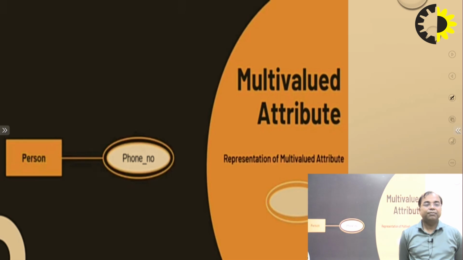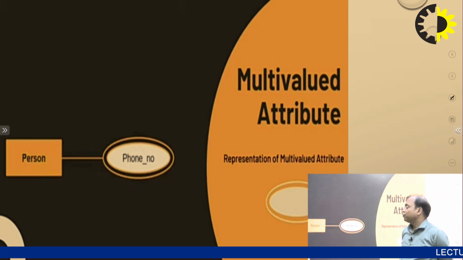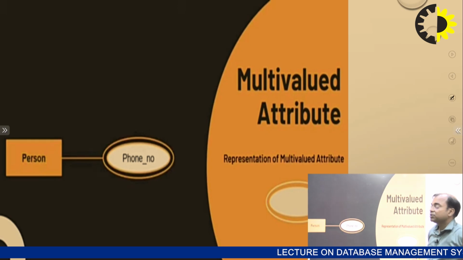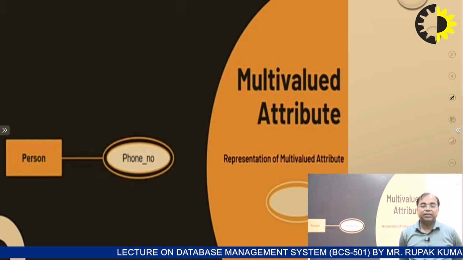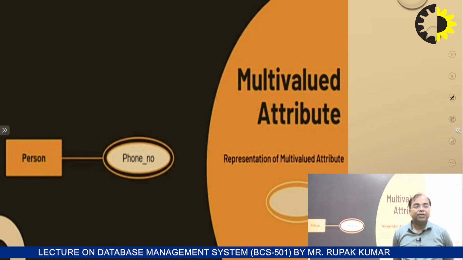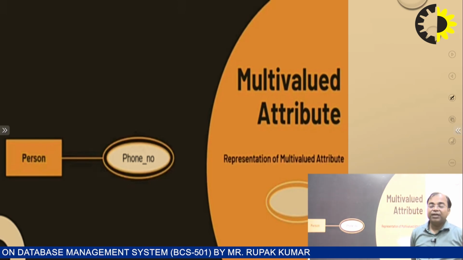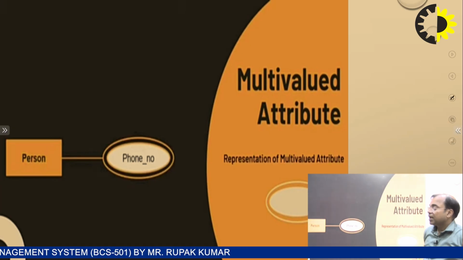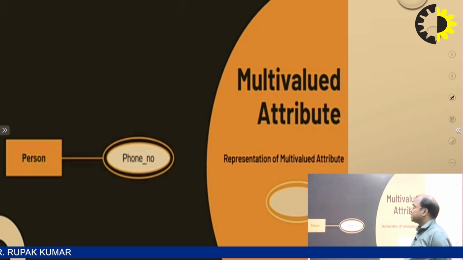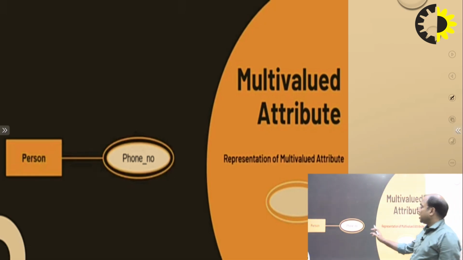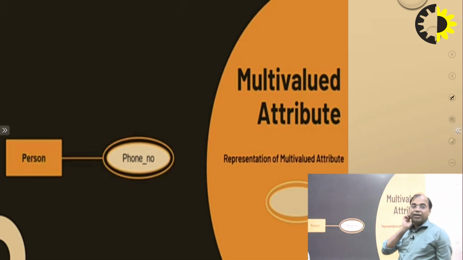The phone number may be multiple, meaning many students may have one, two or three different mobile numbers. So if any attribute of a student or a person has multiple data, then that is called a multi-valued attribute. As a person has many phone numbers, phone number is basically a multi-valued attribute, and this is shown with the help of an oval with an outer line around the oval.